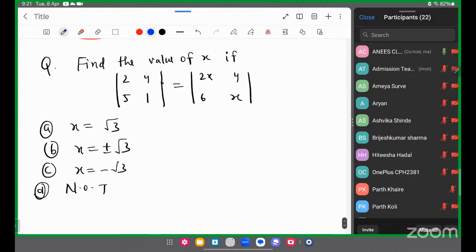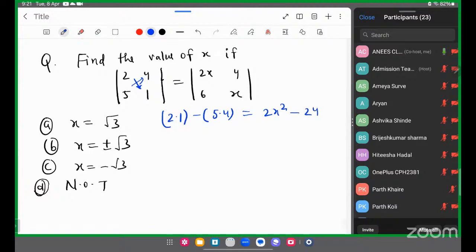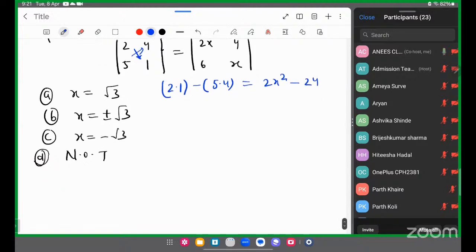So again, this is a straightforward question. Just simplify the determinant. So this will be 2 into 1 minus 5 into 4 equals 2x into x, 2x square minus 6 into 4, 24. So this will be 2 minus 20 equals 2x square minus 24.